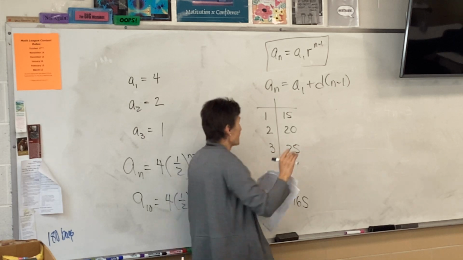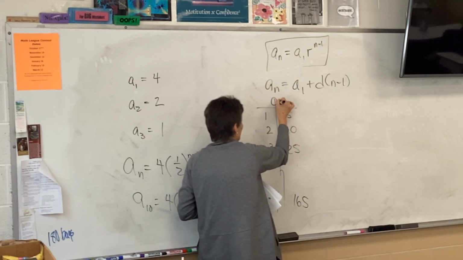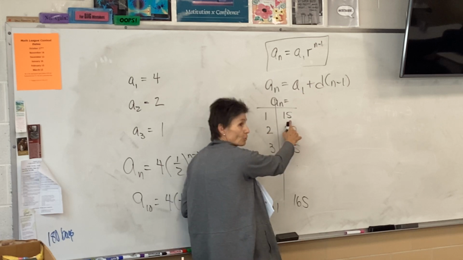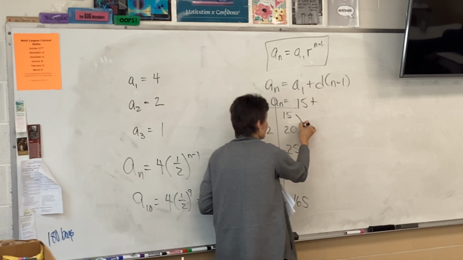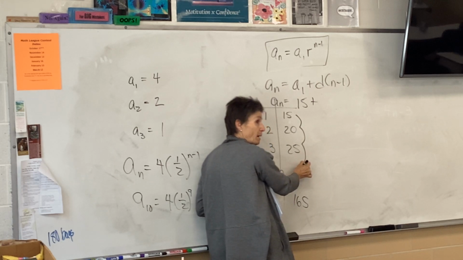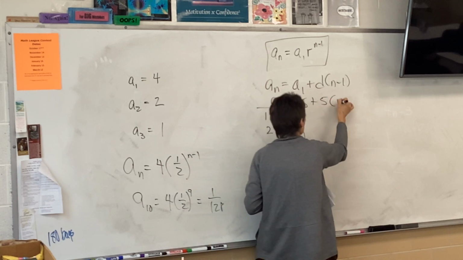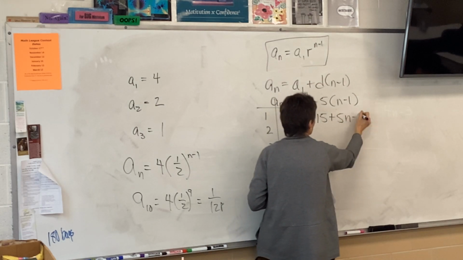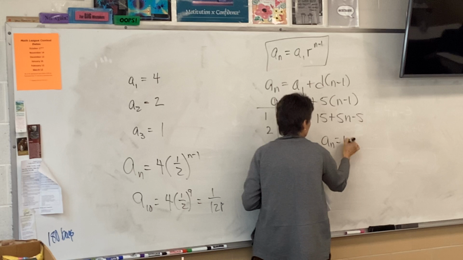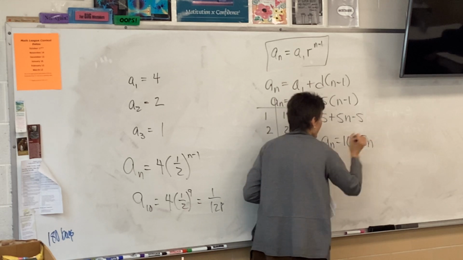Our answer will be the same. So A sub n is going to equal your first term, which is 15, plus your common difference, what we keep adding by, which is 5. So when we simplify that, 10 plus 5n, is that what you got?